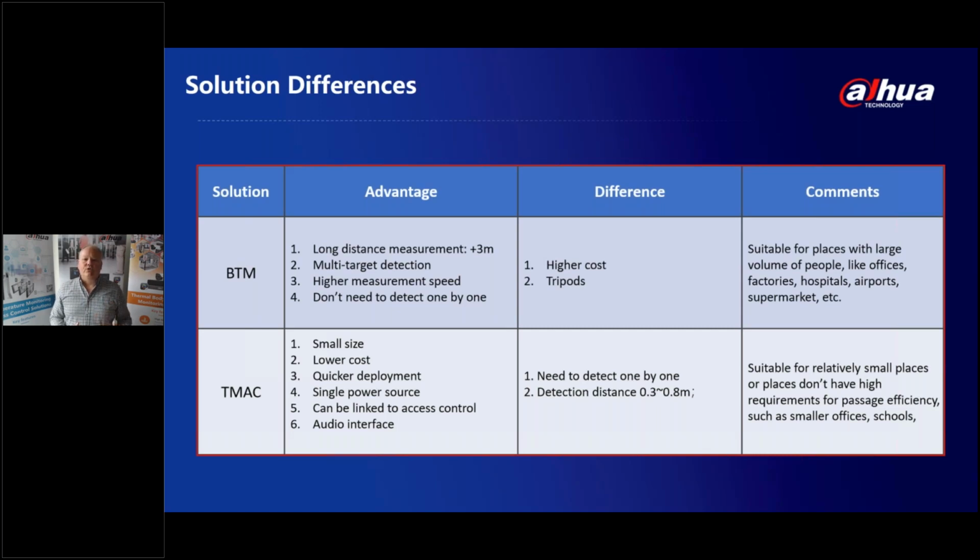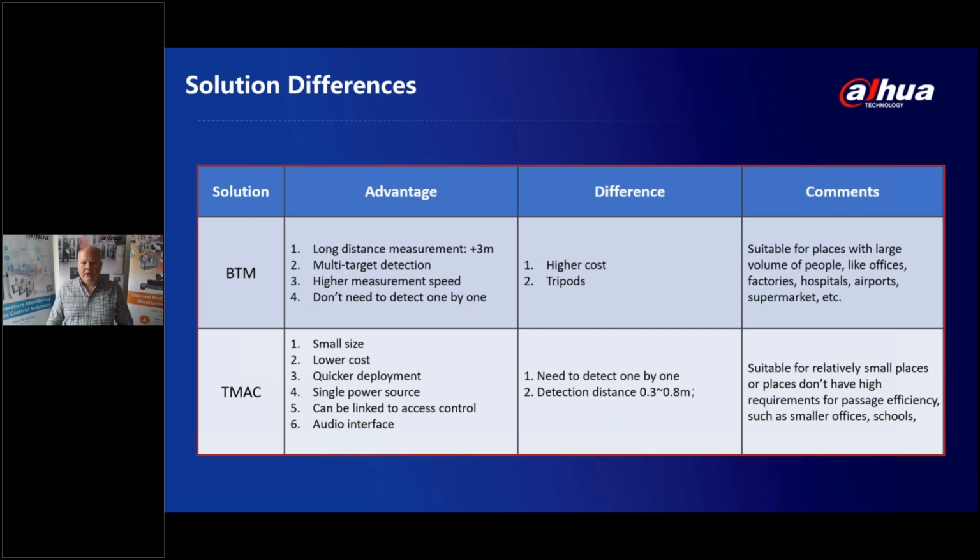You can walk through it as a group, and you don't need to walk through one by one. The difference between that and the TMAC is that it tends to be a little bit higher cost, because it requires a black body, as you're detecting over a large distance. Also, the system comes as standard with tripods. It can be installed, of course, and many customers do that.